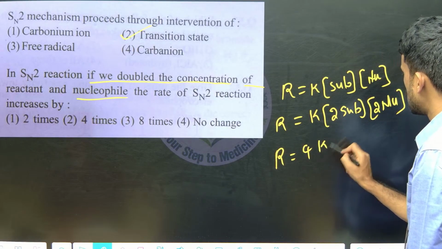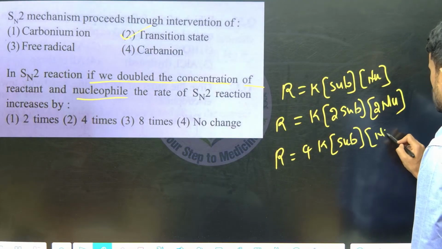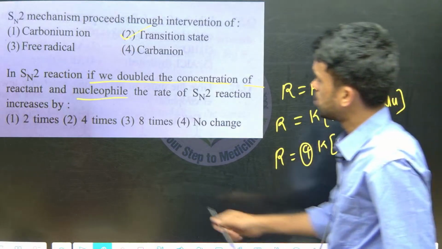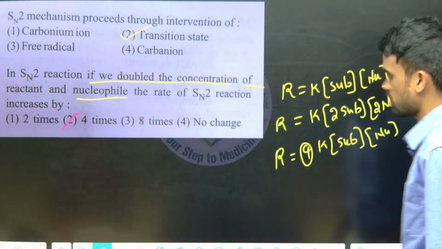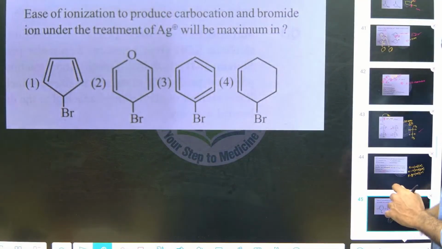So the rate increases by 4 times. So option 2 will be your answer. Okay. Next. These questions were already discussed in the last session also.